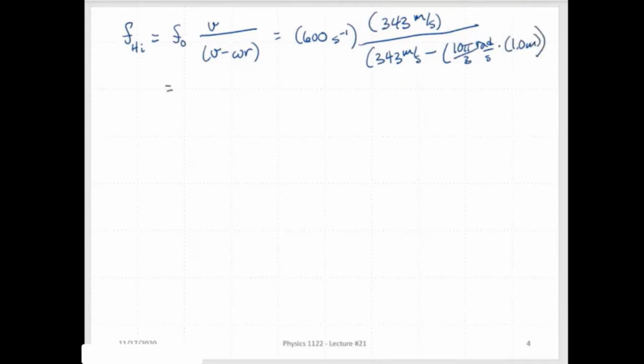And then calculating that frequency, we come to 619 hertz, which is 620 hertz to two significant figures.